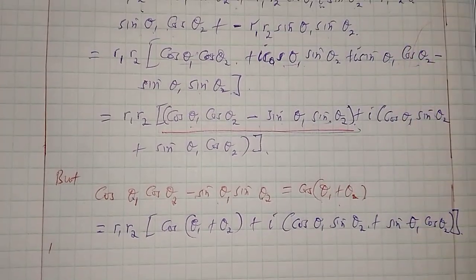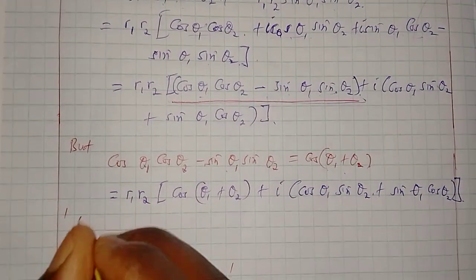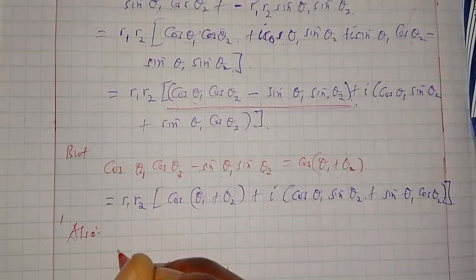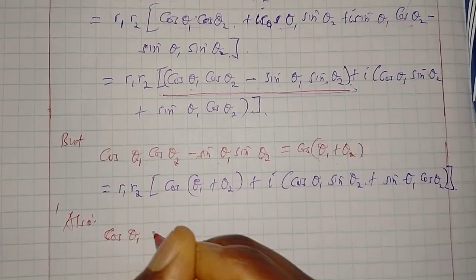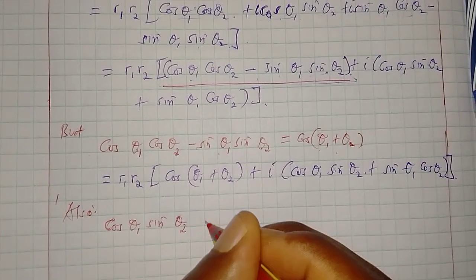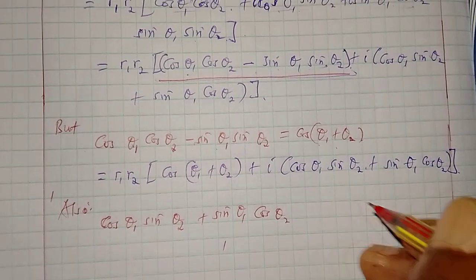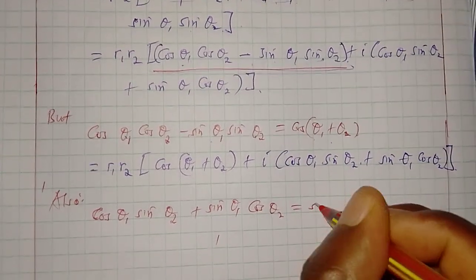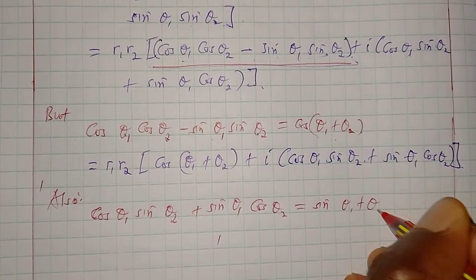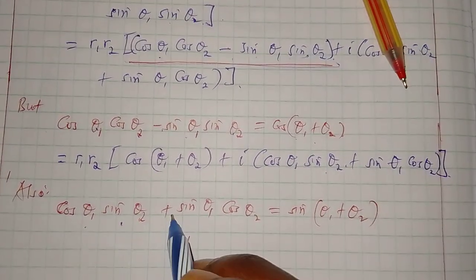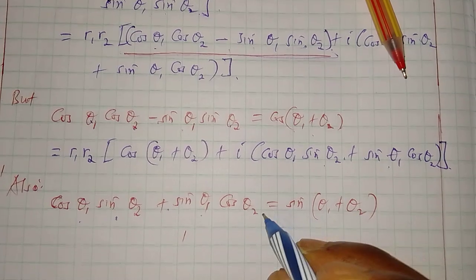Also, you have to remember this other trigonometric identity that says cos theta1 sin theta2 plus sin theta1 cos theta2 is equal to sin of theta1 plus theta2. You can see in this working, we have cos theta1 sin theta2 plus sin theta1 cos theta2.